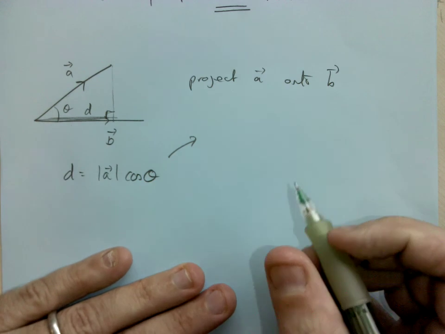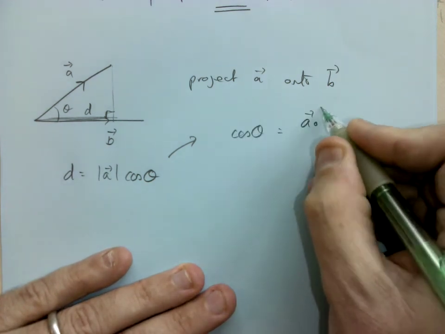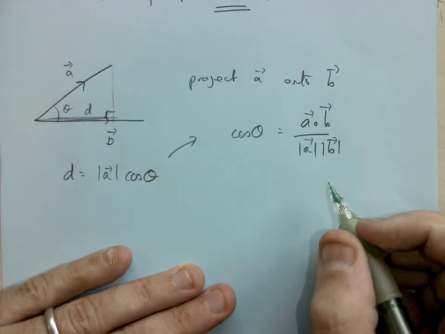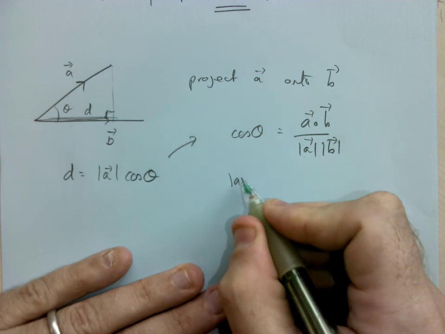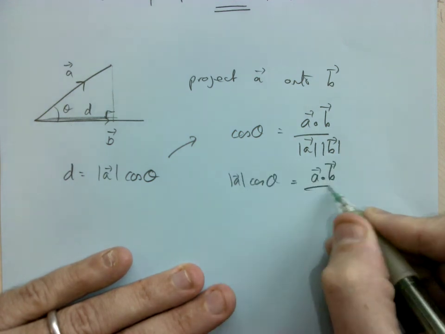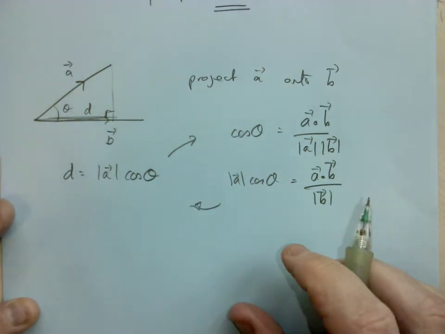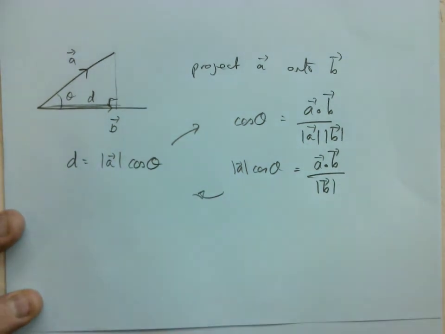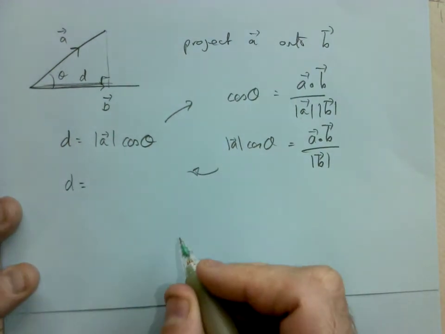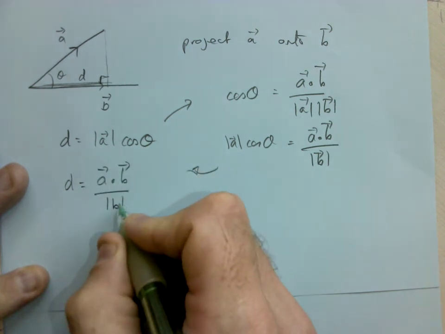But I also know from my previous results that cos theta is A dot B over magnitude of A, magnitude of B. So by multiplying up, A cos theta is equal to A dot B over the magnitude of B. And so I can put this result into here and conclude that the length of that projection is A dotted with B divided by the magnitude of B.